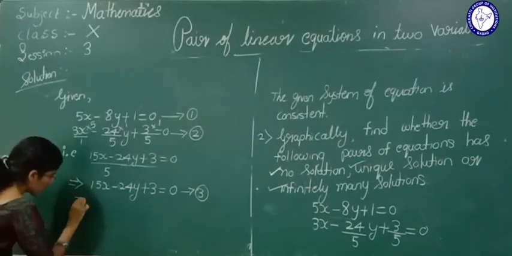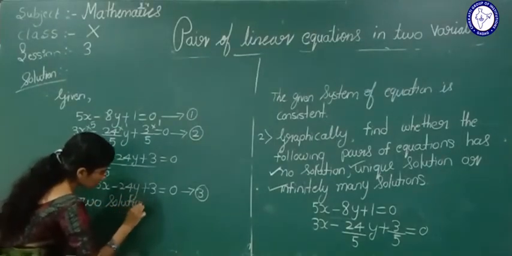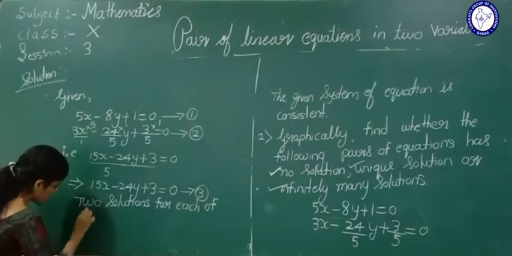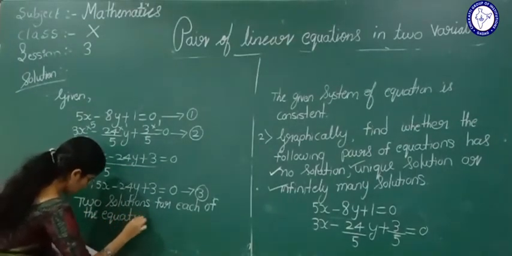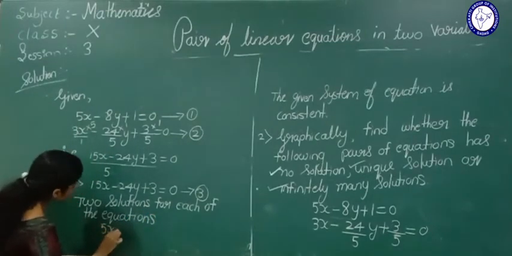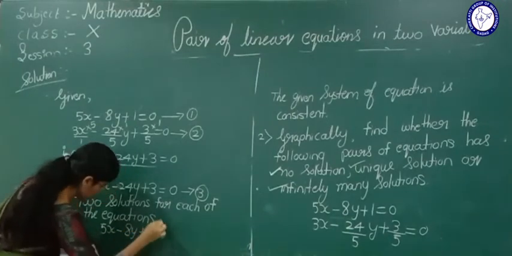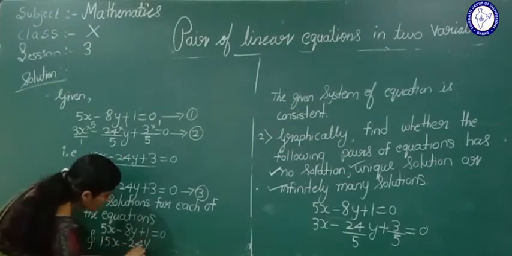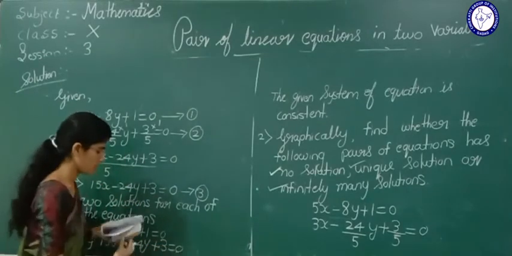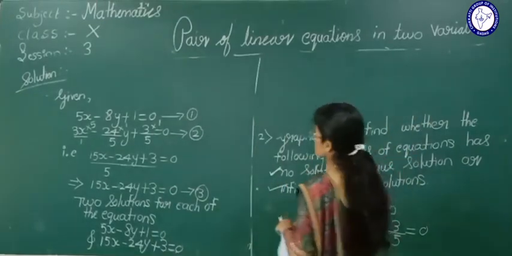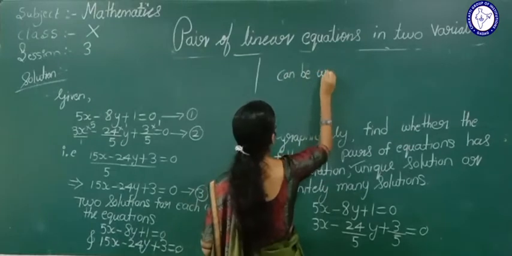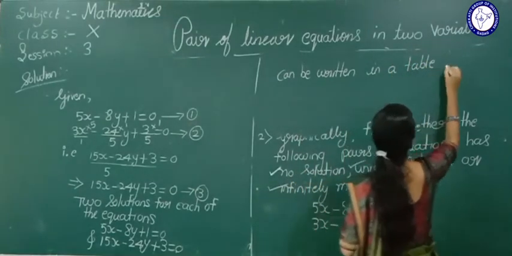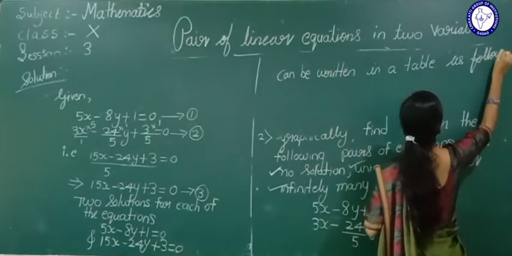See here, two solutions for each of the equations, 5x minus 8y plus 1 is equal to 0 and 15x minus 24y plus 3 is equal to 0, can be written in a table as follows.